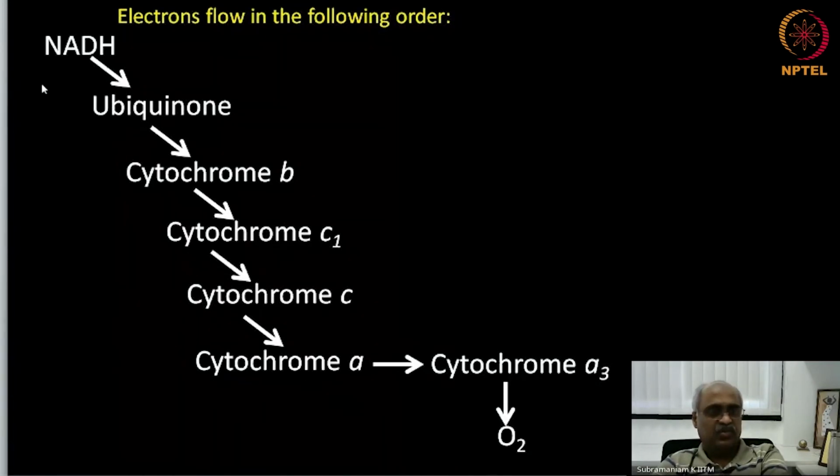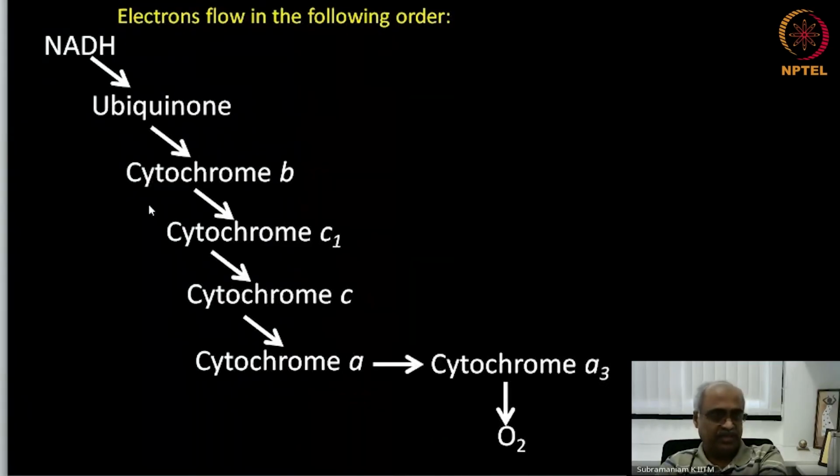So the electrons flow from NADH to ubiquinone. This is complex 1, where this happens, NADH ubiquinone oxidoreductase. And from there, by complex 3, okay, complex 2 I will tell you separately. Complex 3 transfers electrons from ubiquinone to cytochrome C via these intermediates.